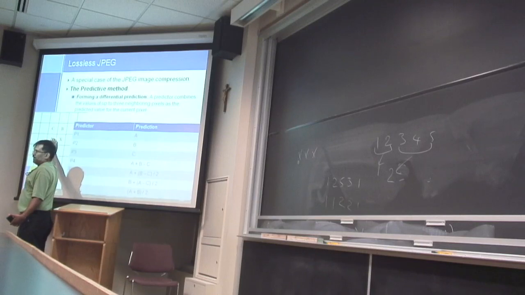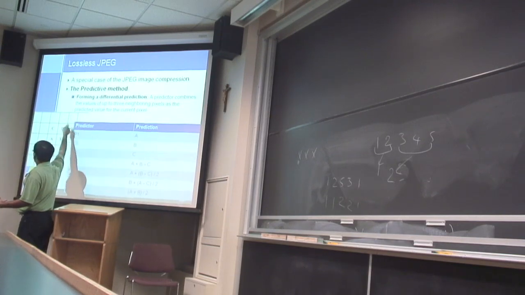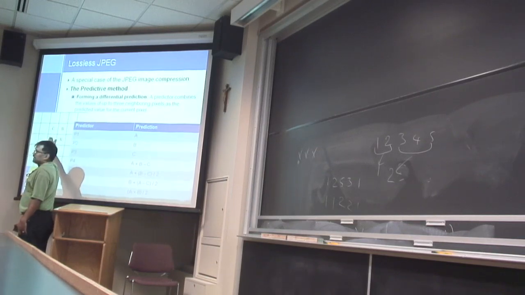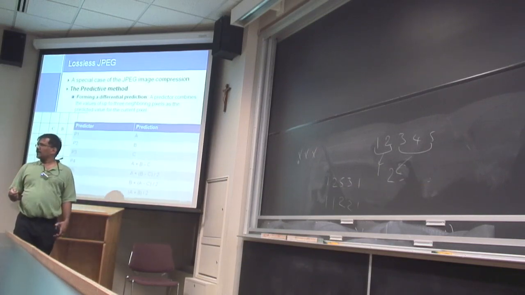Then you find the difference between what was actually there and what you predicted. The predictor is simple, so you only transmit the difference. If the image happens to have values 100, 100, 100, your prediction would be accurate because you predict this will be 100, you predict this will be 100, and so on, and you win.